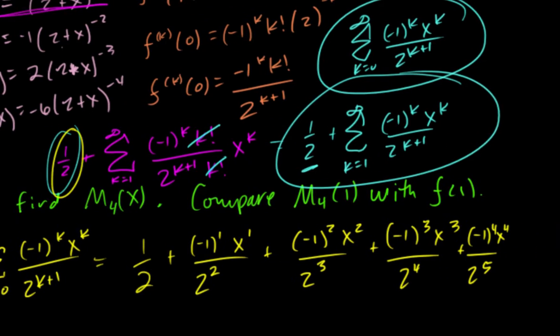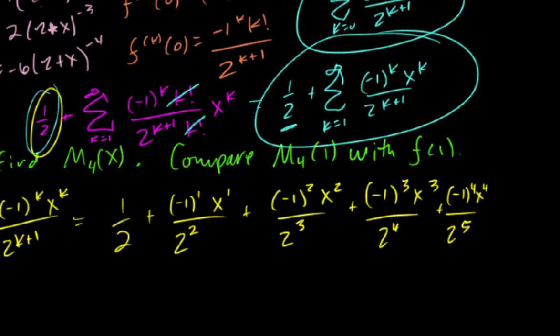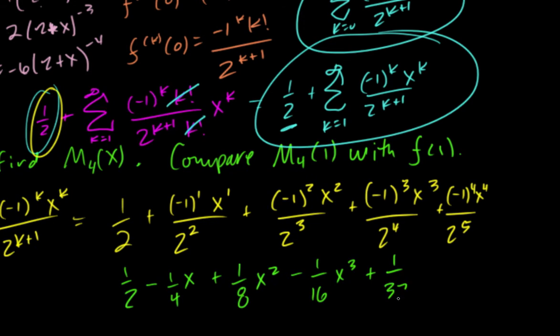We can simplify that. So we get 1/2. That's just negative 1 over 4 x. That's going to be positive 1 over 8 x squared. That's going to be negative 1 over 16 x cubed. And that's going to be positive 1 over 32 x to the 4th.